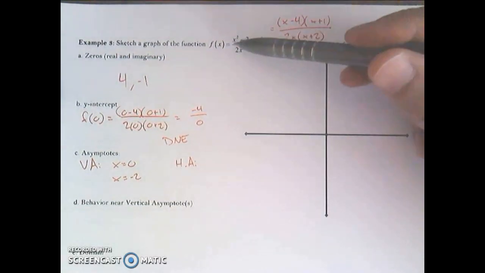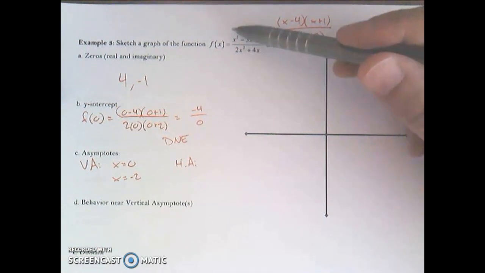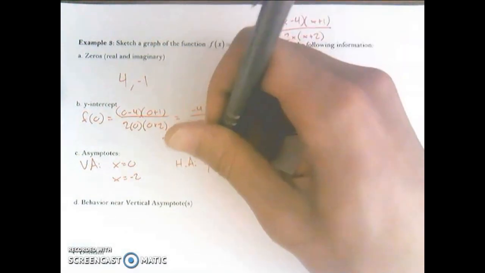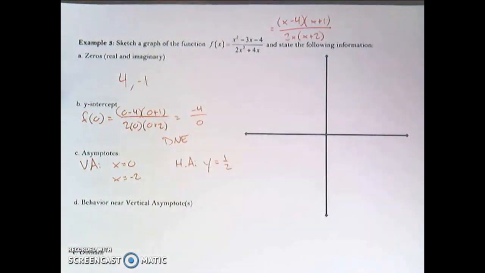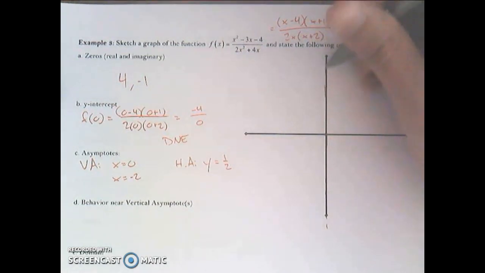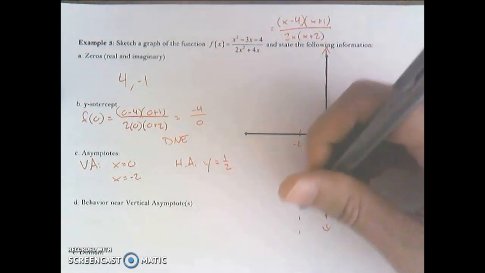So this is degree 2 over degree 2. Since it's the same, we can take the ratio of the leading coefficients, 1 over 2. So the horizontal asymptote is the equation y equals 1/2. So we can go ahead and plot those. We've got a vertical asymptote at x equals 0. Another vertical asymptote at x equals -2.